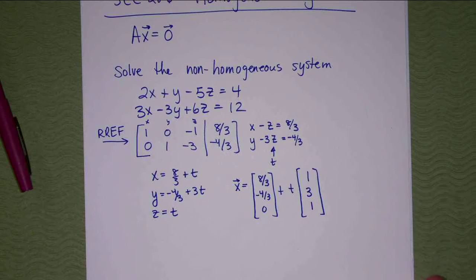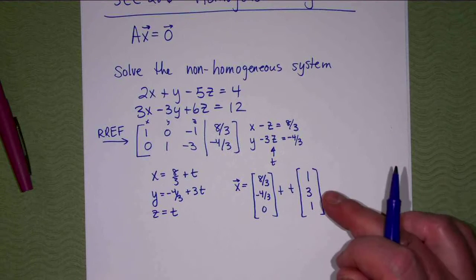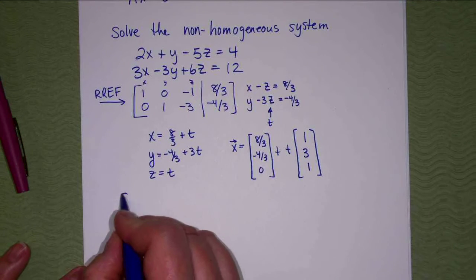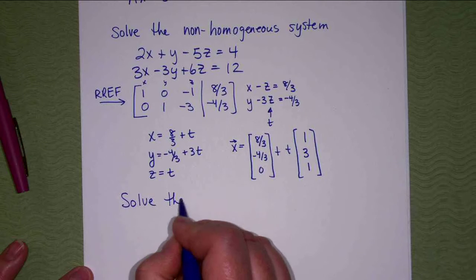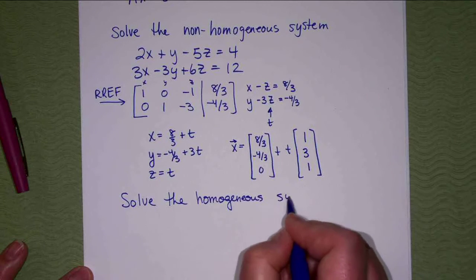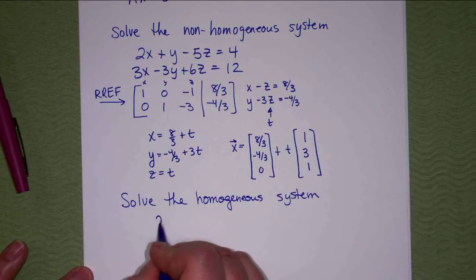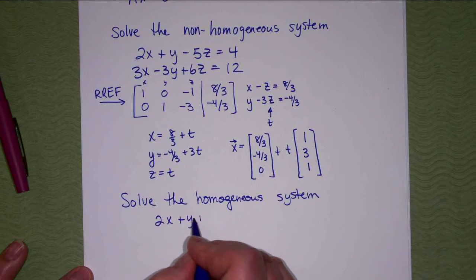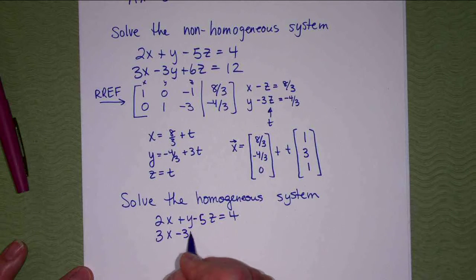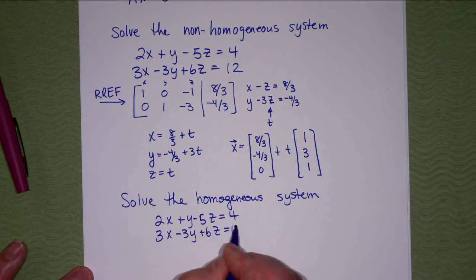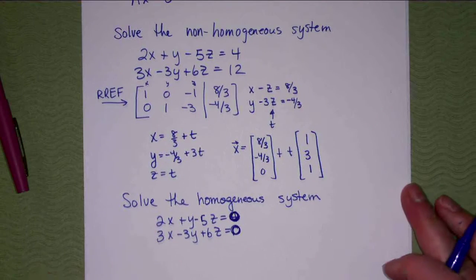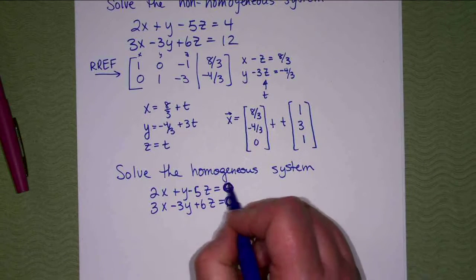So my question is, what if this were the homogeneous system? How does the solution change? Those are zeros, right?